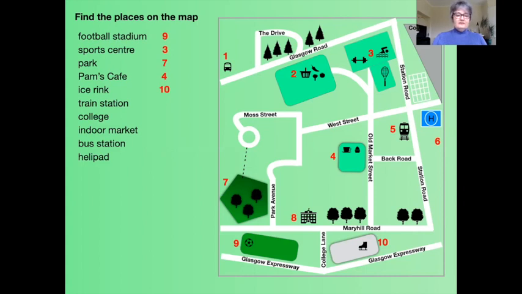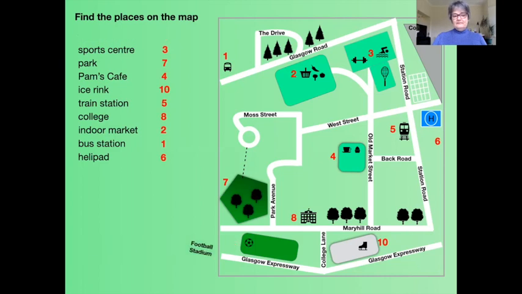Train station, number 5. College, number 8. Indoor market, number 2. Bus station, number 1. And the helipad, number 6. Well done. Let's put the place names on the map.